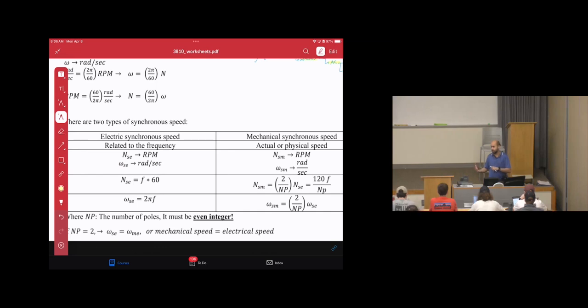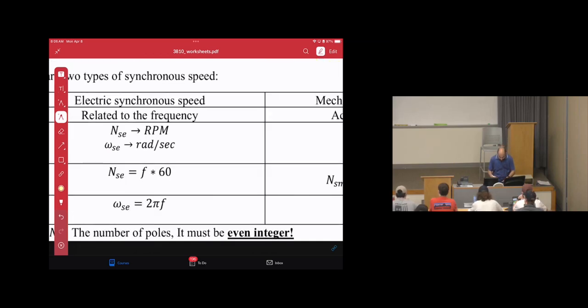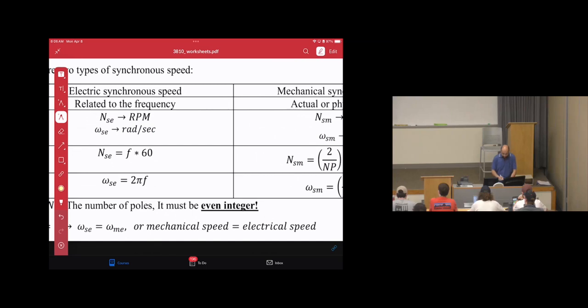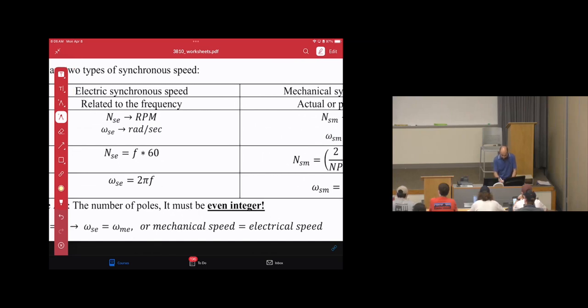While the physical speed is the actual speed, that's why we call it mechanical speed or the actual speed. So in order to make a shortcut to say, is this electrical or mechanical, we use a simple E. So here NE, and I can remove S, there is no need for S.